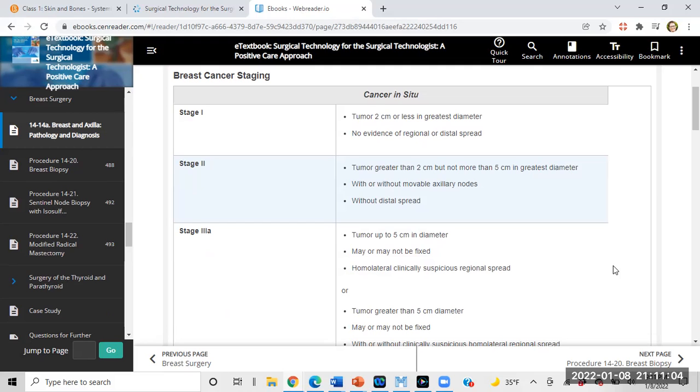So there's nothing right at the area of the nodule and nothing around it. Stage 2, the tumor is greater than 2 centimeters, but not any larger than 5 centimeters, and we don't have any axillary nodes that are present, and no distal spread.